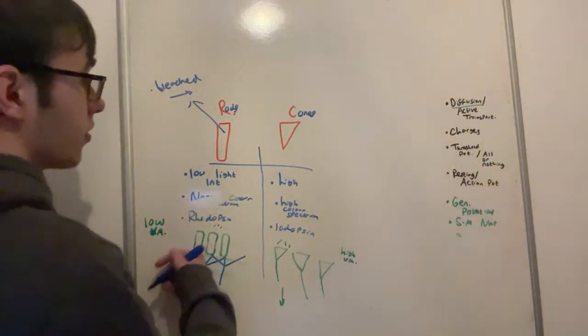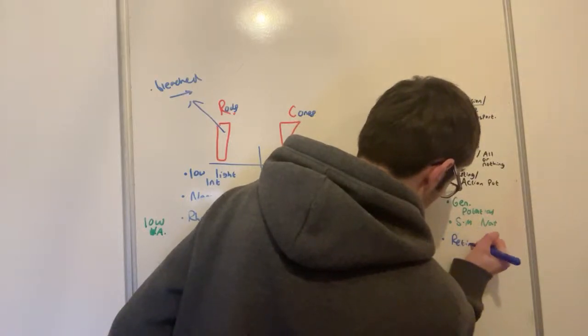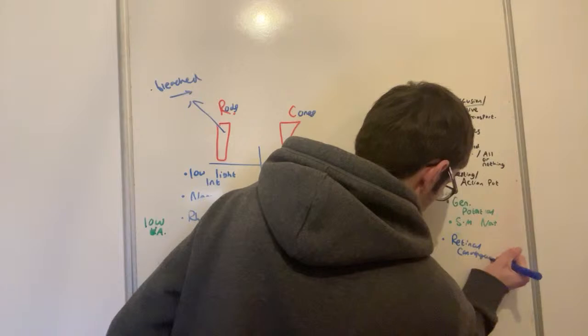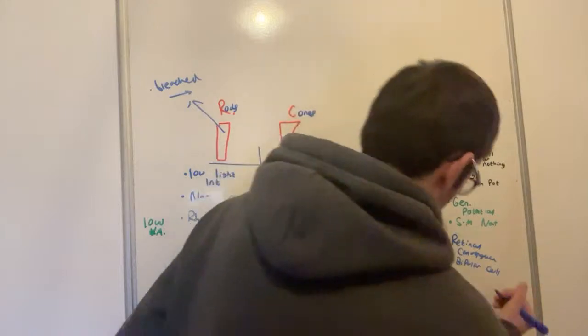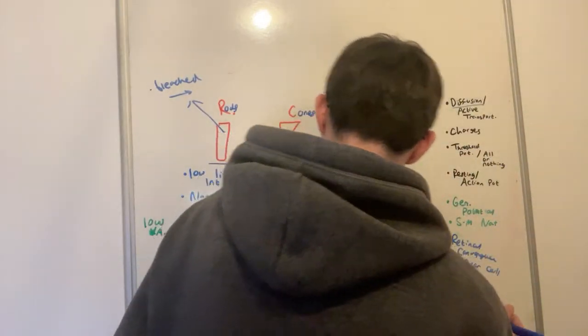So we should write that down. So the words here we need to know are retinal convergence, bipolar cell. I guess we could mention obviously the bleaching.